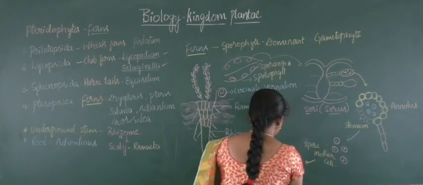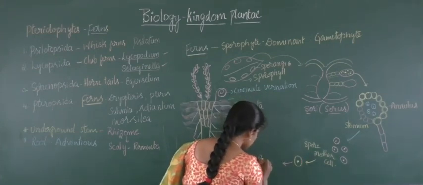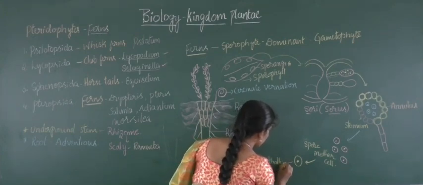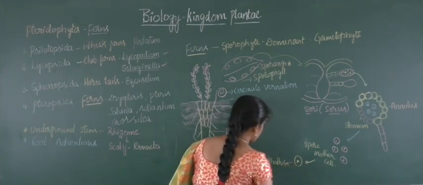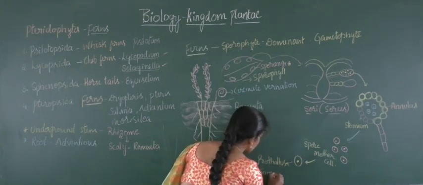From the spore there will be a formation of a gametophyte called prothallus. There will be a formation of a prothallus, which is a gametophytic structure.